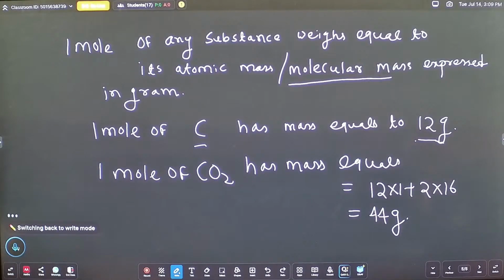Clear or not? If I say 1 mole of, say, NH3, find the mass of 1 mole of NH3.